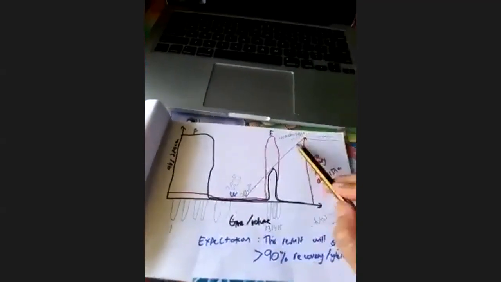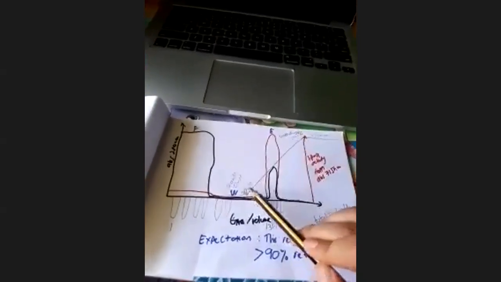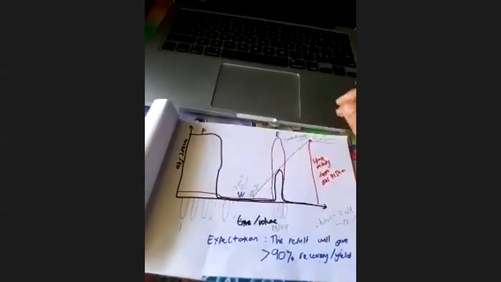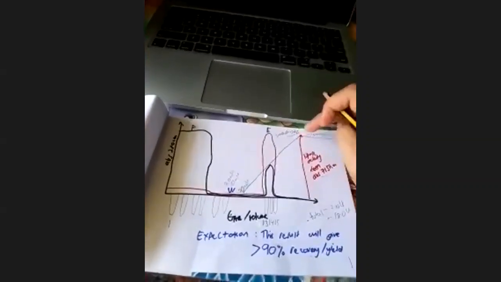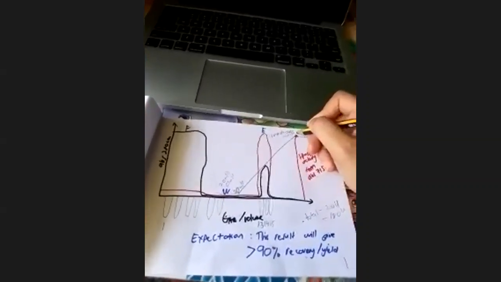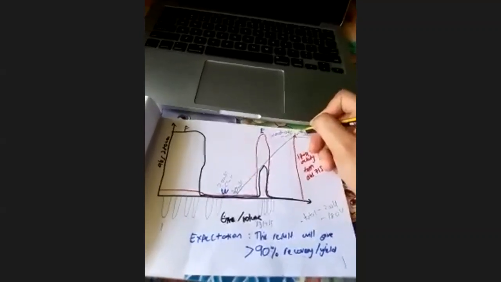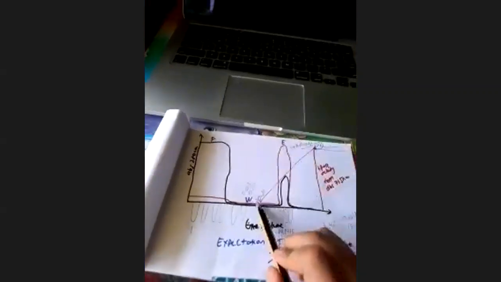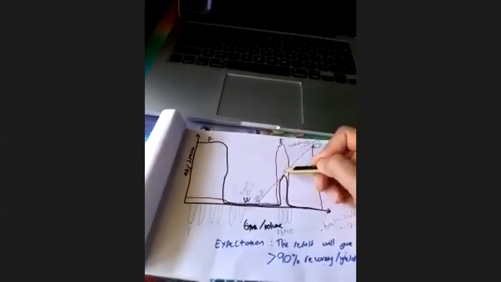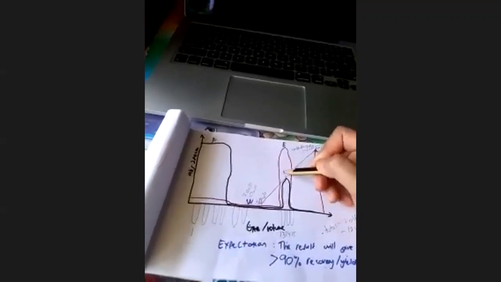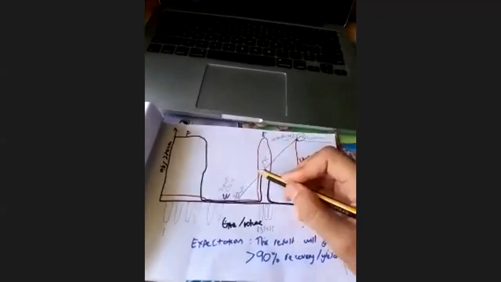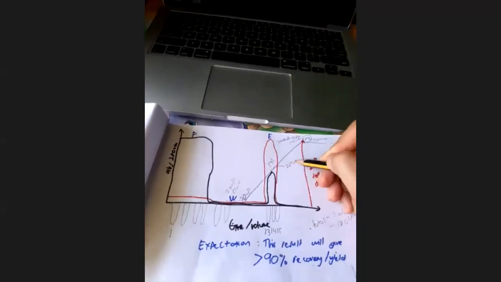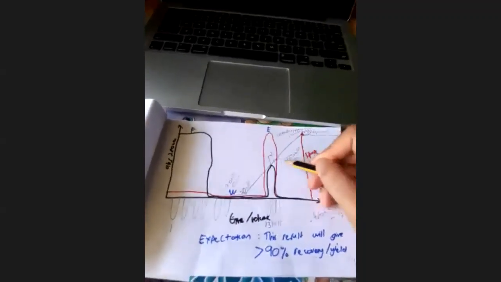And then the imidazole here, the 100% of imidazole is 500 millimolar. If your protein is eluted in here, this is about 50%. 50% of the salt means it is around 250 millimolar.